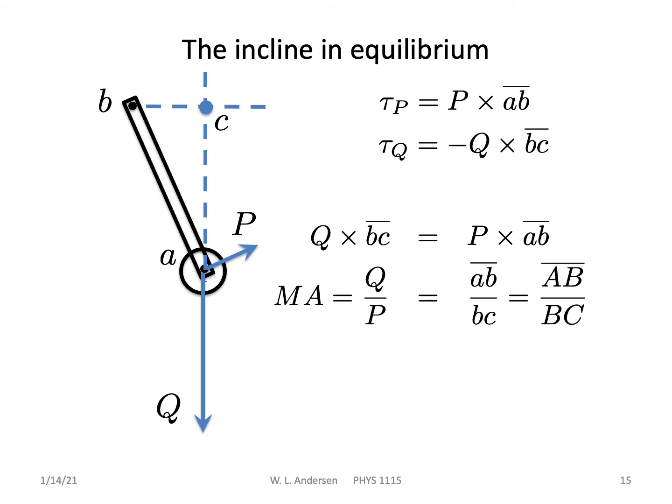Now, remember the triangle formed by the lowercase letters is similar to the triangle formed by the uppercase letters, the actual original incline. So we can replace the lowercase letters with uppercase letters. Now that distance AB, uppercase A, uppercase B, is a distance along, I think it's the horizontal distance.